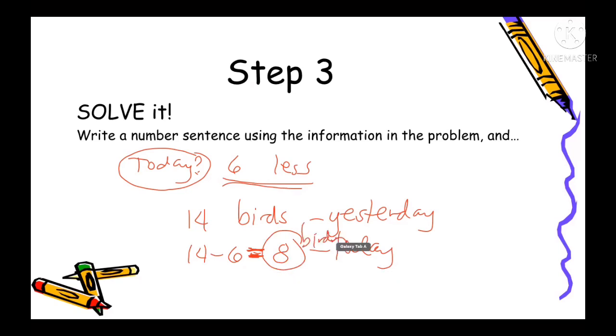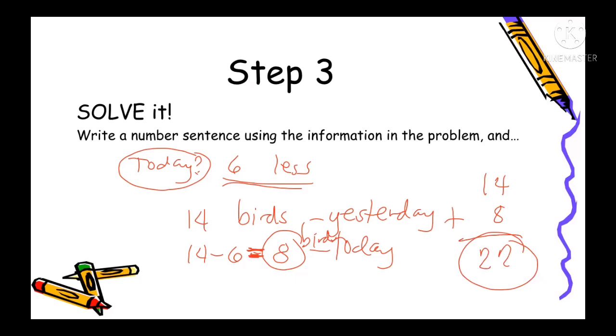So today we have 8 birds. Now, our main question is, how many birds did he see in all? So we will add them. Yesterday is 14. Today is 8. Right? So 14 plus 8 is 22. So that will be our number, 22.